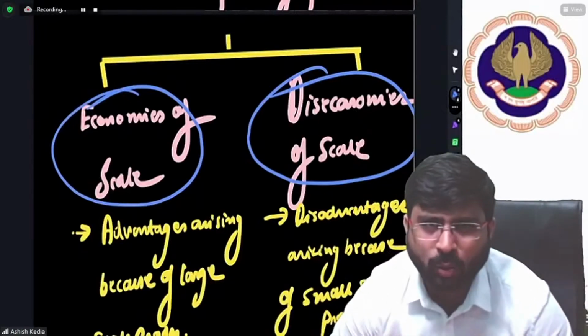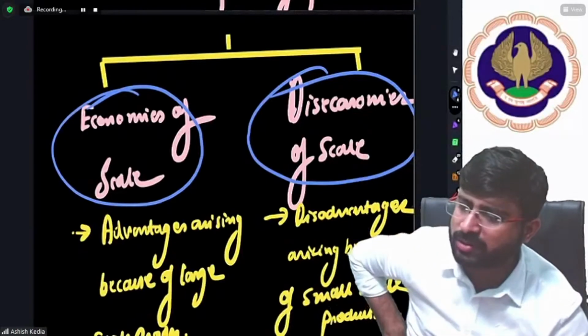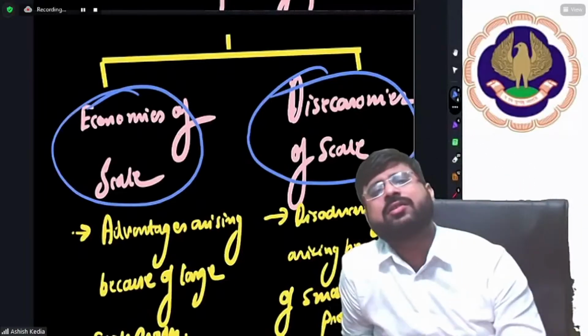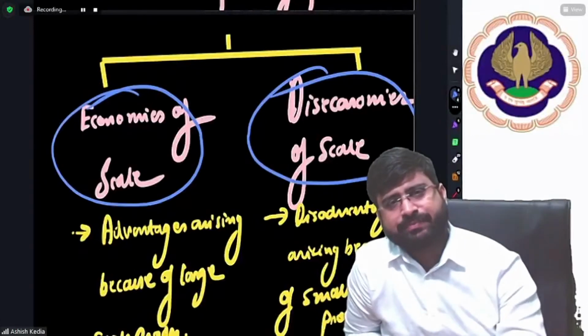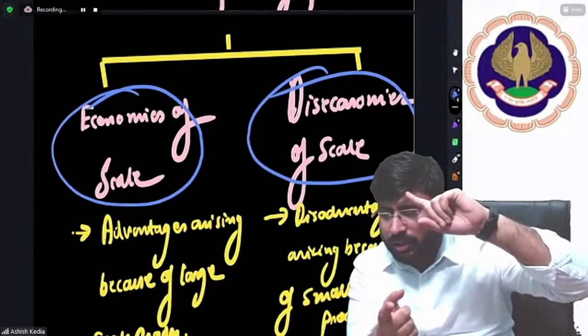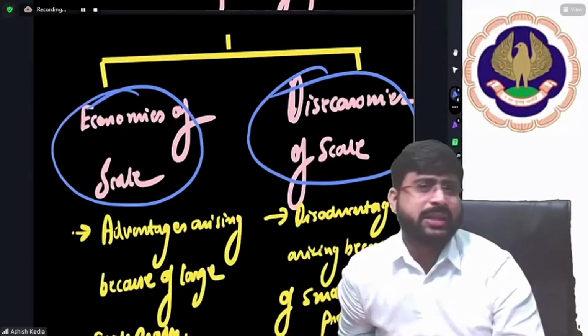Let me ask you a simple question so that we can come onto the track. You all have drunk that Coca-Cola bottle that comes for 60 rupees, right? Have you seen that at least?